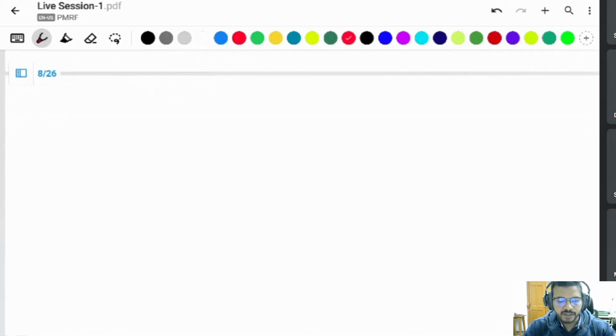These are the basic fundamental signals, you can say elementary signals. The three mostly used elementary signals are the step signal, impulse signal, and ramp signal.